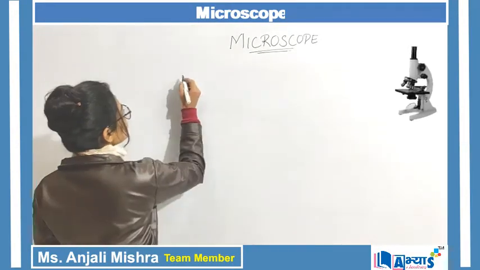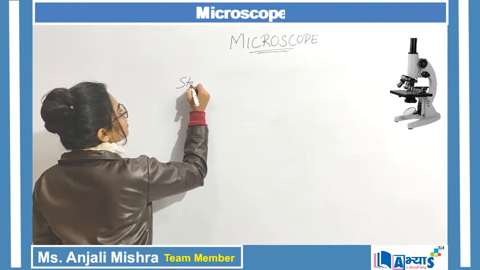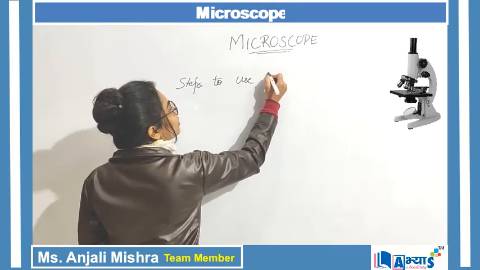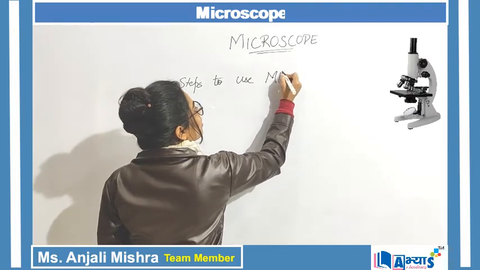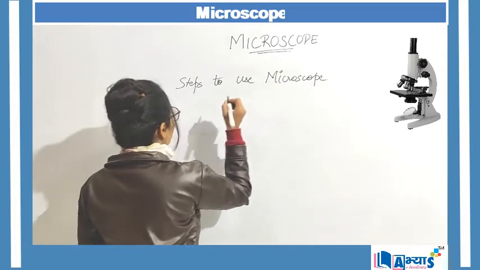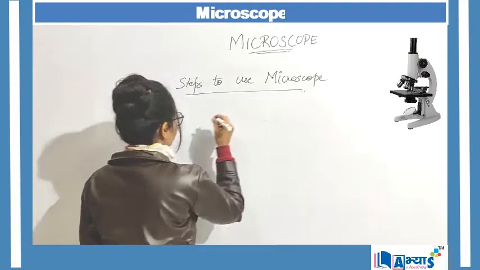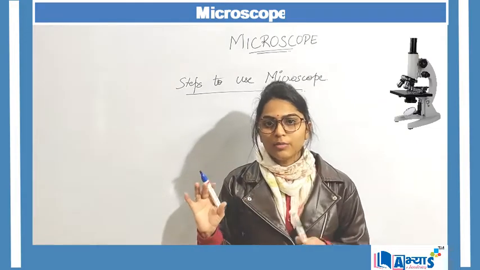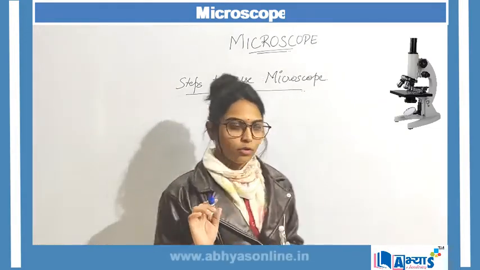Now, how to use the microscope? So, steps to use a microscope. The first step is to clean the mirror with the help of a soft cloth.